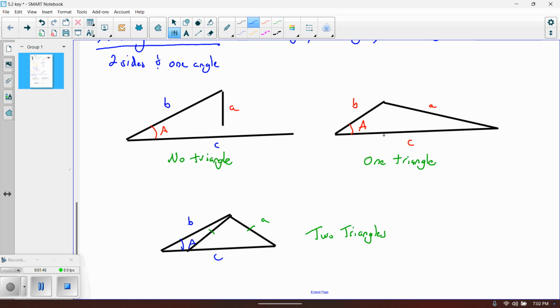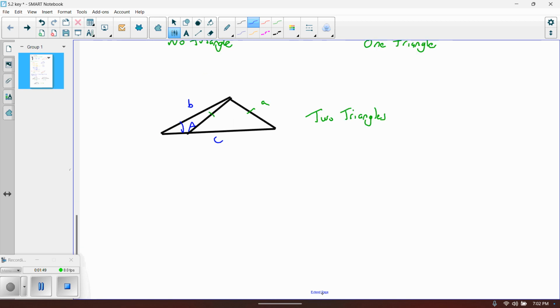This is where the trig is going to come in. Let's look at a triangle that maybe doesn't have enough length to it. We'll call that a, that's b, here's capital A, and on the other side is c. The height would be from here, let me use a different color, from here down to here.